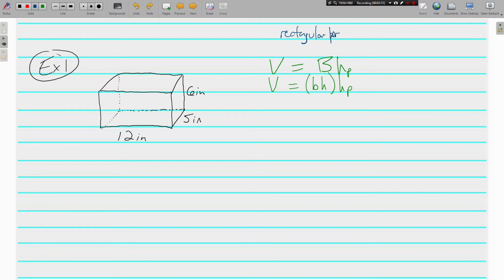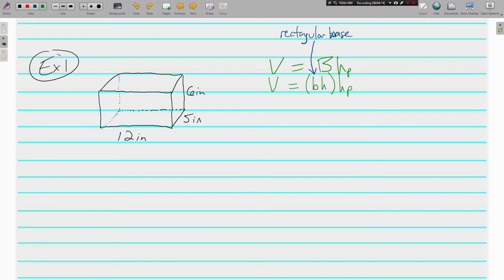Oops, rectangular base is what that's supposed to say. The part that's in parentheses is how we find the area of the rectangular base. This other part, the HP, is the height of the prism.